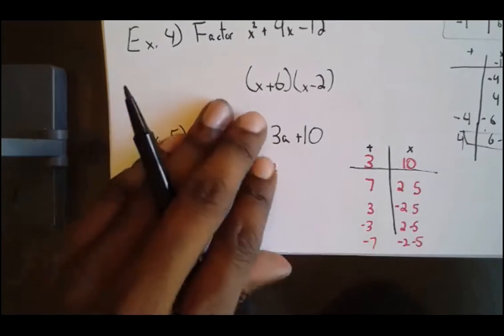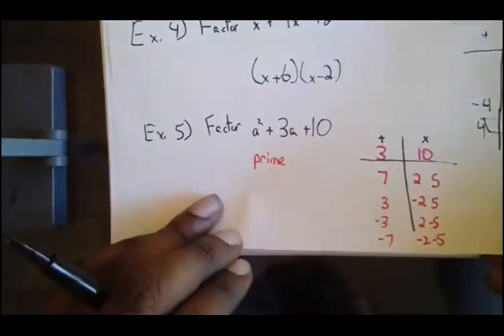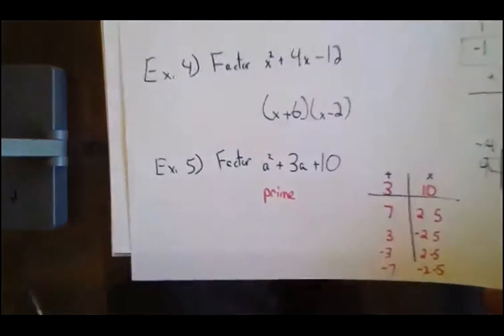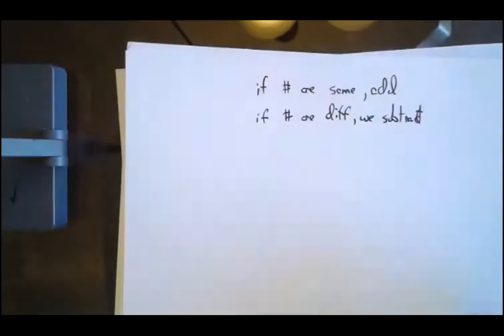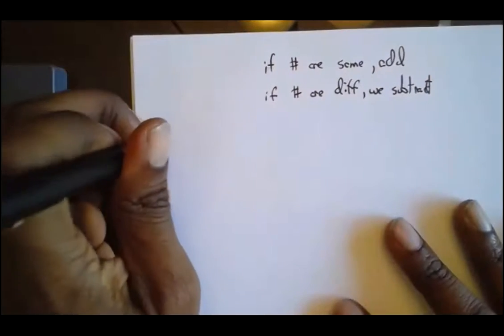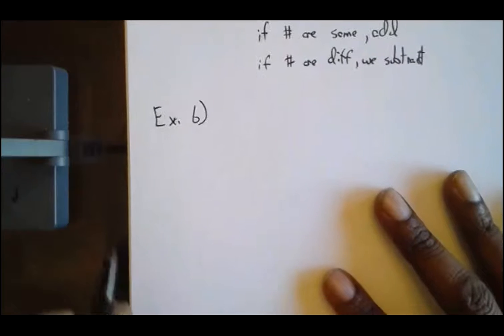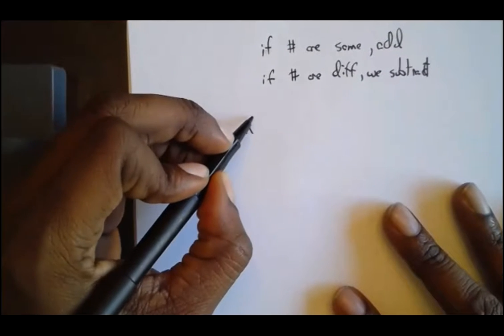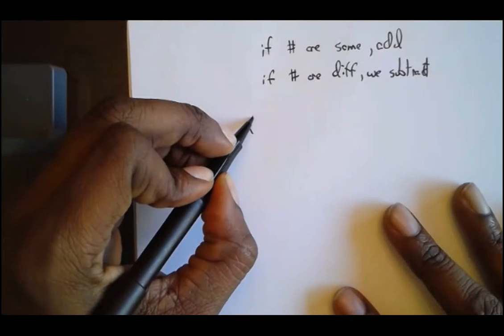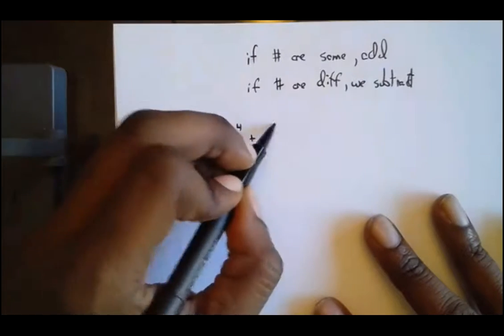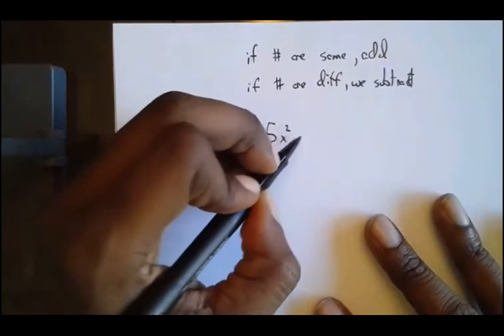I want to give you some trick ones real quick. Not trick ones, but some problems here. Because really, this is what this lesson is. This is all this lesson is. I just want to show you maybe just 2 more examples that kind of show you some differences with how this works. For instance, you may get something that looks like this: x to the 4th plus 5x squared plus 6.